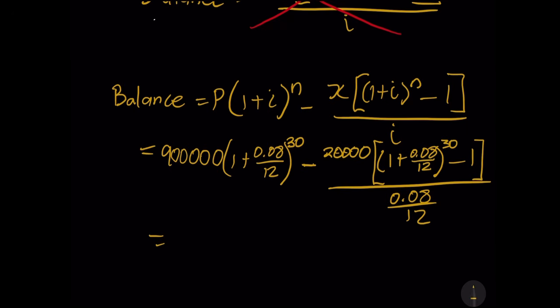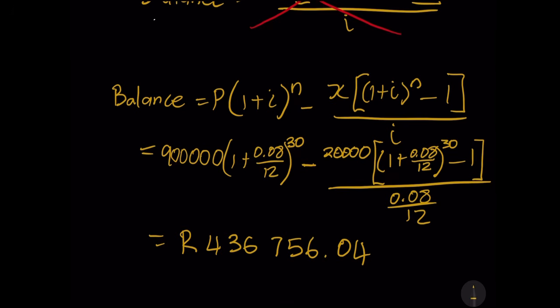So I get 436,756.04. That is the amount still outstanding after 30 payments.